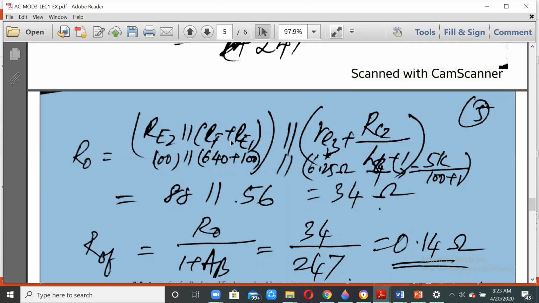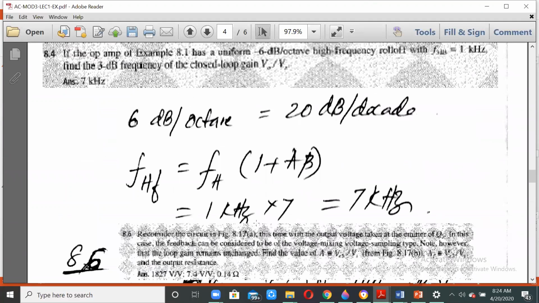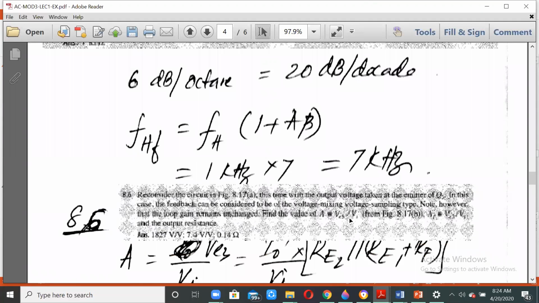So this quantity is 88 and this quantity is approximately 56. If you take the parallel combination, we'll get 34. ROF will be equal to RO divided by 1 plus A beta, because now we are talking about the voltage mixing, voltage sampling.